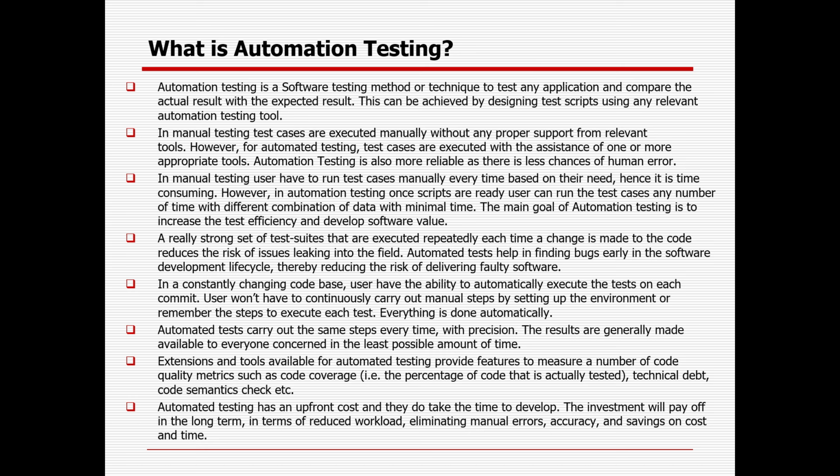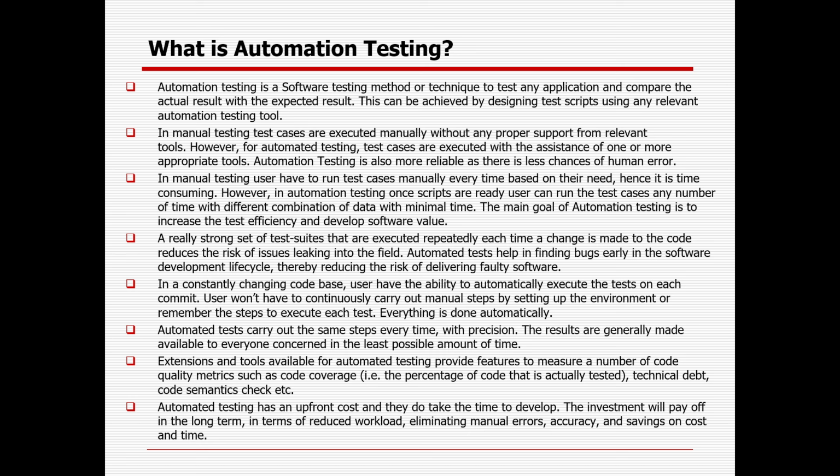So automation testing is a software testing method or technique to test any application and compare the actual result with the expected result. This can be achieved by designing test scripts with the help of relevant automation tools and framework. In manual testing, test cases are executed manually without any proper support from relevant tools.